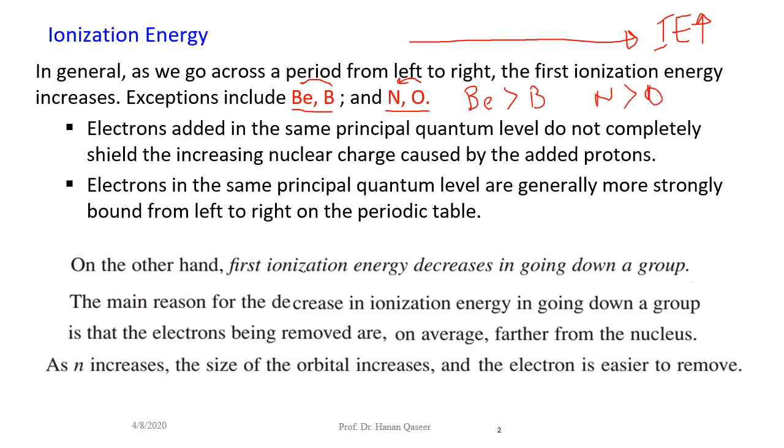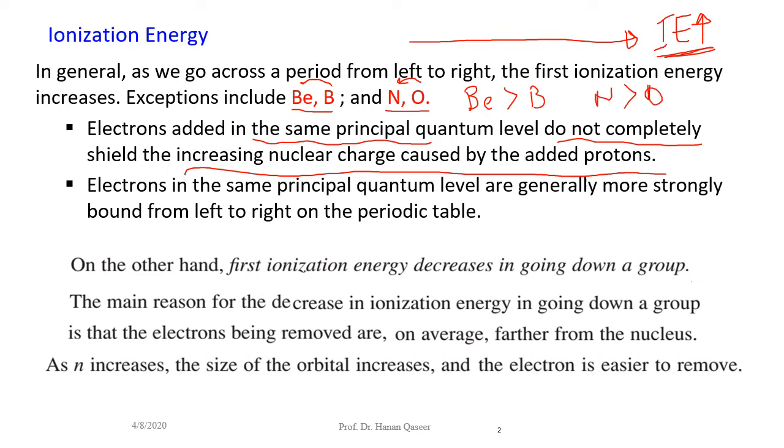Now, explaining the general trend: electrons added in the same principal quantum level do not completely shield the increase in nuclear charge caused by added protons. When you go from left to right across a period, the positive nuclear charge increases.